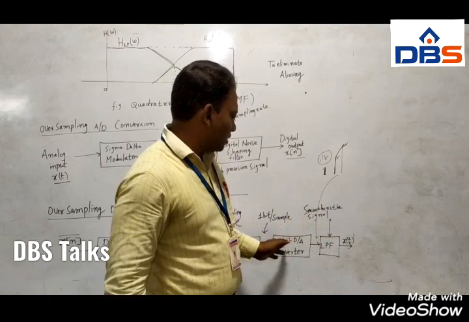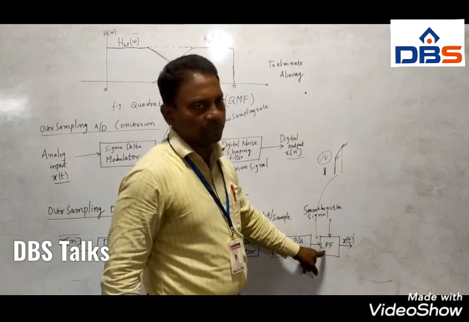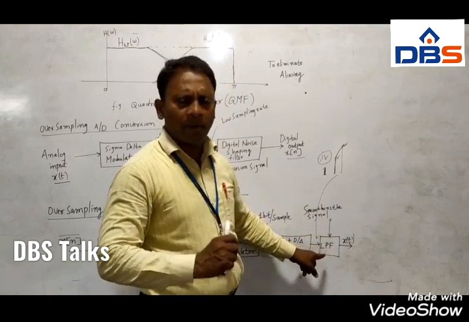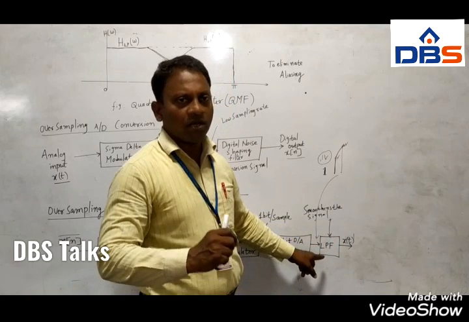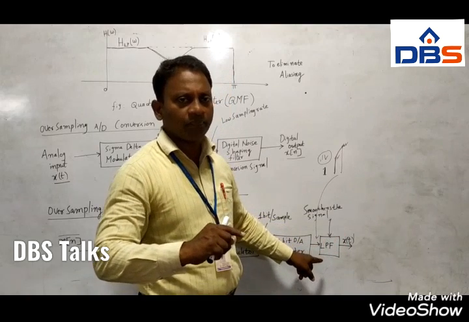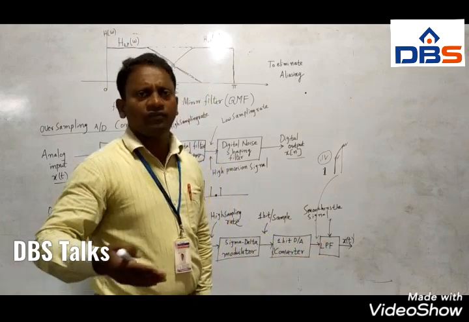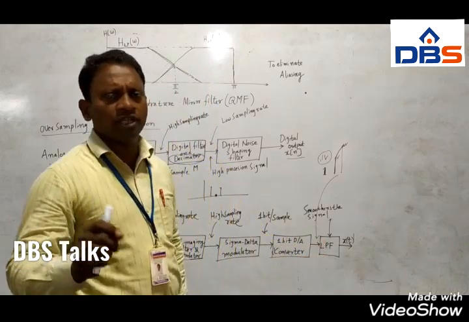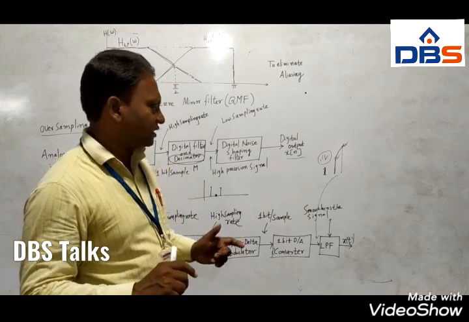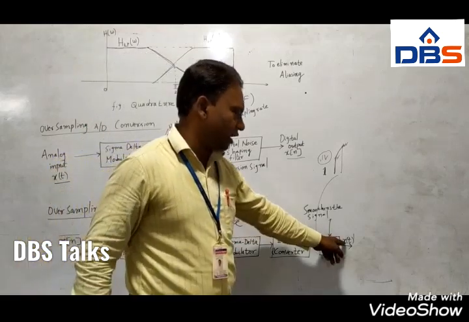By passing the samples through the low pass filter. It gives a generally staircase signal, and if that staircase signal is further smoothened, you will get a smooth message signal, that is a continuous time signal.